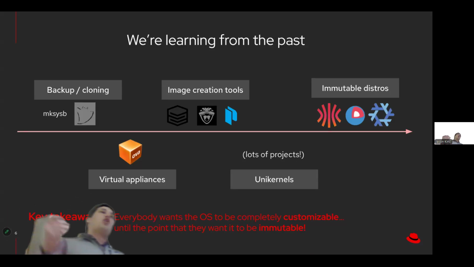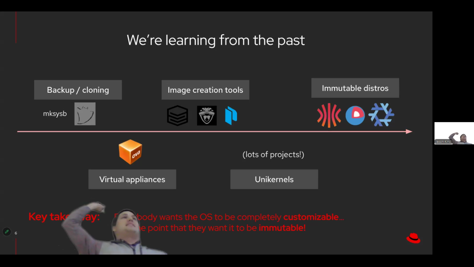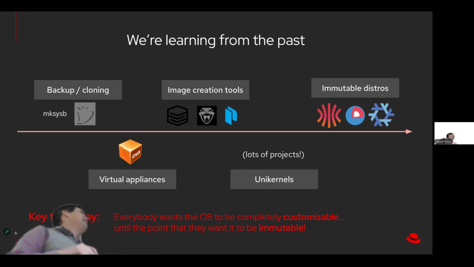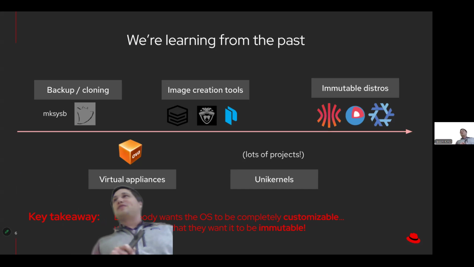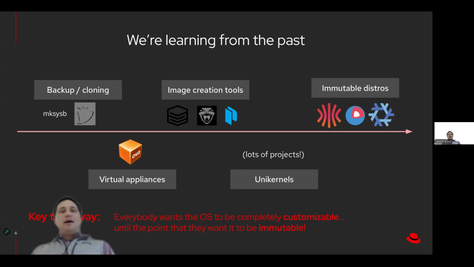But if we go back in time and look at things, is anybody aware of what mksysb is? Yeah, I knew you would say that. Anybody else? So if you've run AIX back in the day, this isn't a slide that I made. I stole it from other Red Hatters, which I thought was funny since they had mksysb on here.